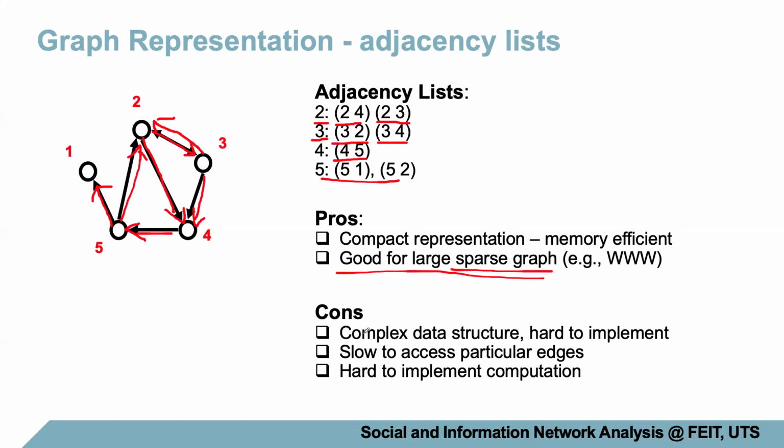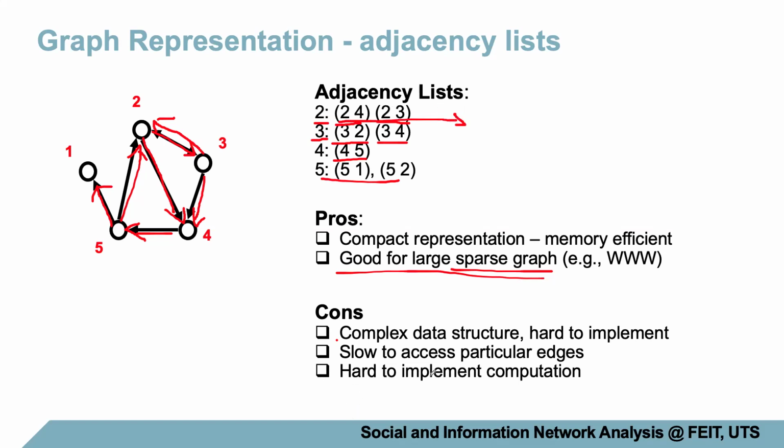But the disadvantage is that the data structure is a bit complex compared to the matrix, so it is a bit hard to implement. And also it is slow to access particular edges, because if you want to access an edge, you need to go through the adjacency list for the vertex until you find it.